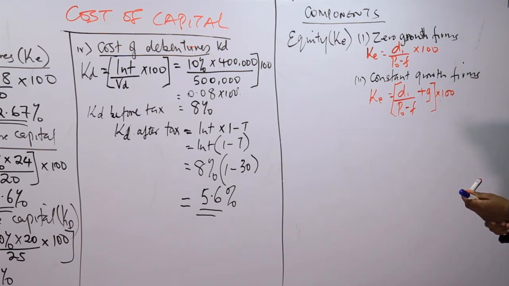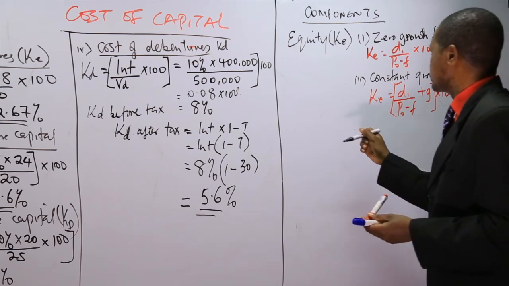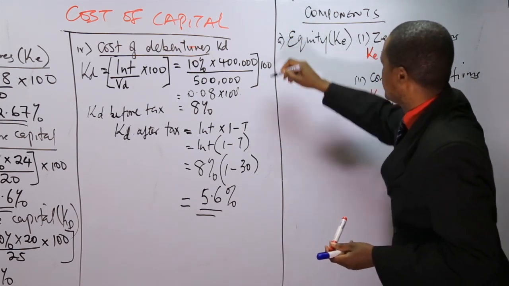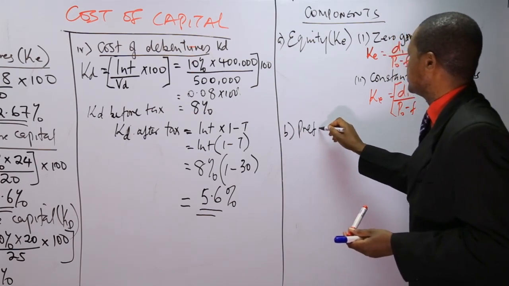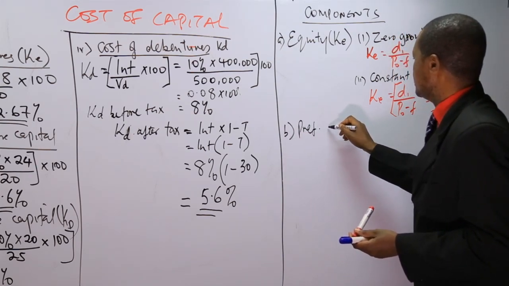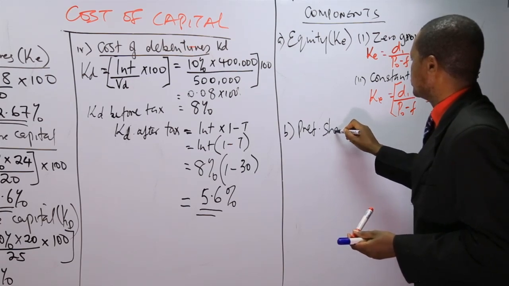Then we have also discussed the preferred stock. This is A. B, we talked about preference share capital.